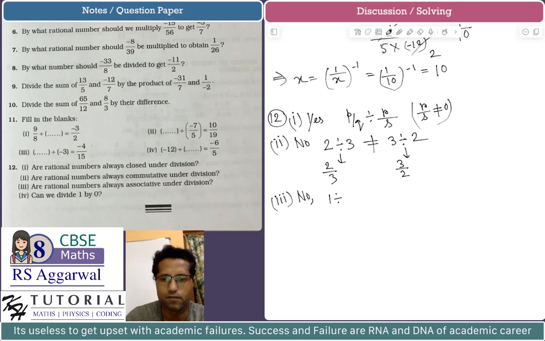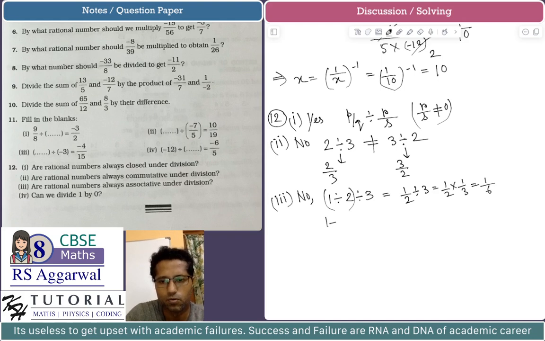Let's say we have to find 1 divided by 2 divided by 3. Now, if you do the association like this, this is equal to 1 by 2 divided by 3. This is equal to 1 by 2 multiplied by 1 by 3. This is equal to 1 by 6.